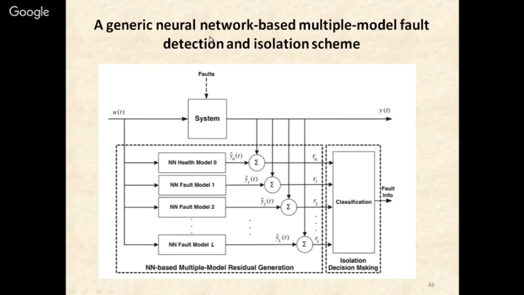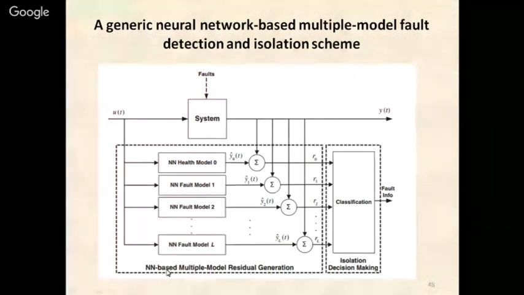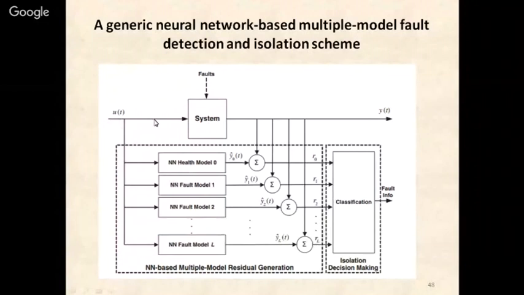Here we can have the same model-based fault diagnosis applied using a neural network-based fault detection scheme. Here we can train different neural networks for different types of faults. When the signal is applied to the motor, the same current or vibration signal is measured from the motor's terminals, and the same signal is also fed to the model.